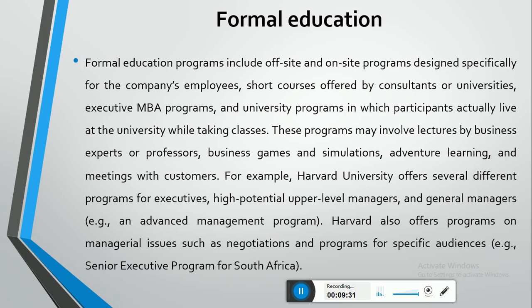So you see they have certain programs, so they are providing training for employees. Companies send their staff, high level employees, to go there and attend these programs or workshops, so they can develop their skills.